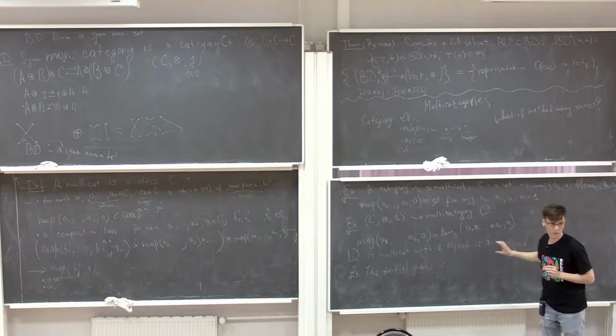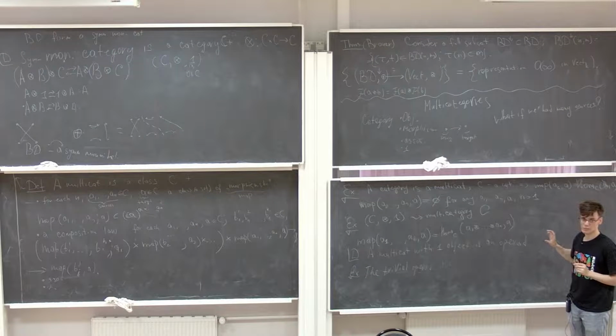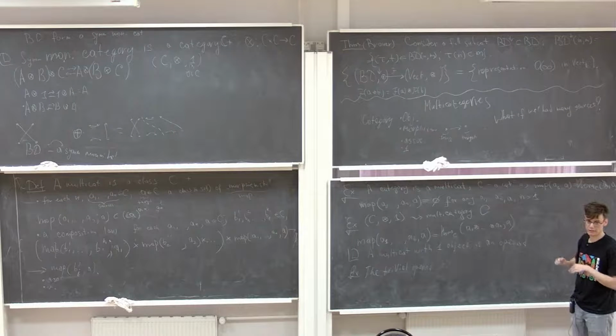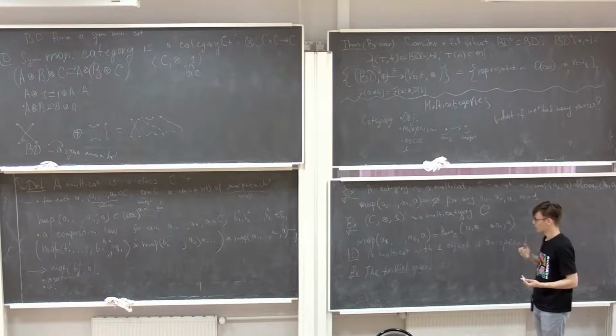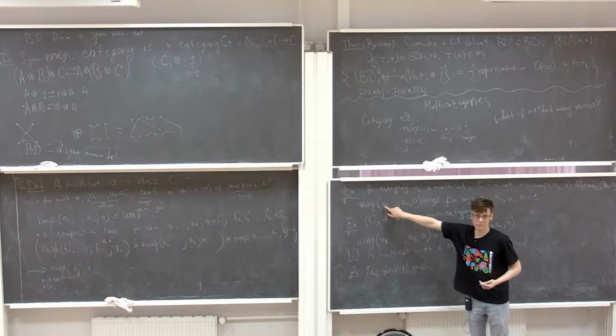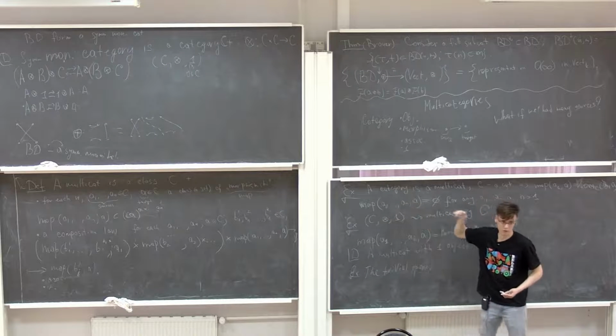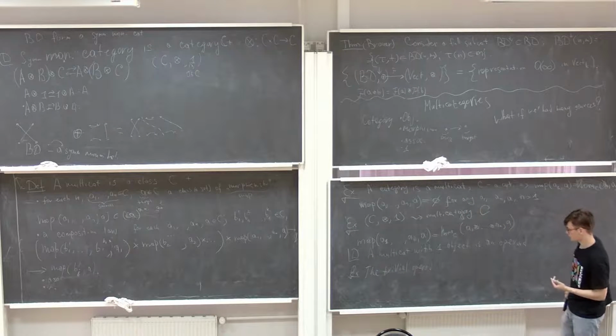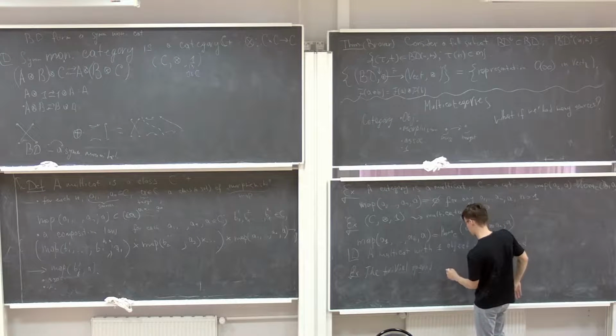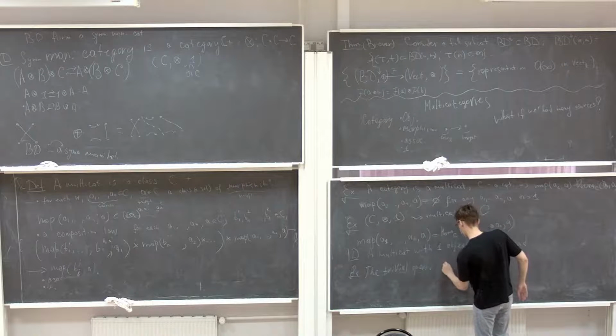Well, in them, any maps are composable. So you can compose just any tuple of maps because they have the same source. Maybe I forgot to say that the A's may be the same, for example. So the trivial operad has one object, of course.